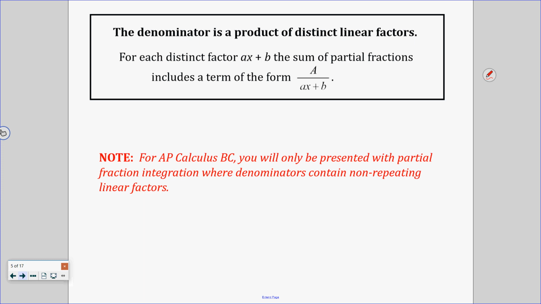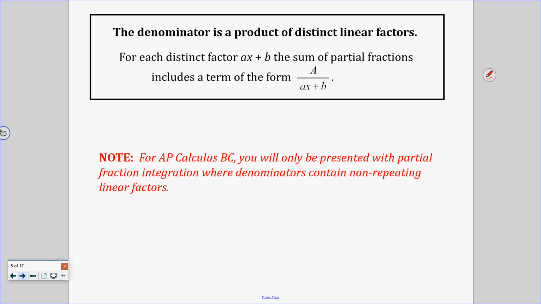Now, in later calculus classes, you may need to look up and figure out how to do it if the bottom factors are not linear. For example, if the bottom had a non-reducible quadratic in it, then there's another way to do that, or if you have a repeated linear factor.